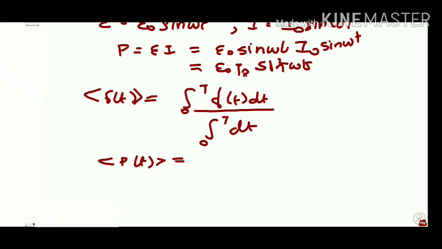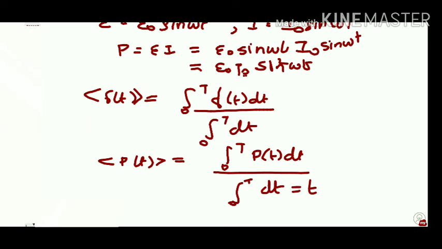So it will be integral 0 to T of P of t dt divided by integral 0 to T of dt. Clear? Now what is the integral of this factor? This is T, and I have to apply the upper limit and lower limit, 0 to T.